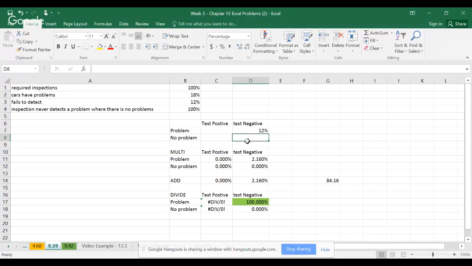Okay, 12% of the time. It never detects a problem when there is no problem. So that's going to be 0%.